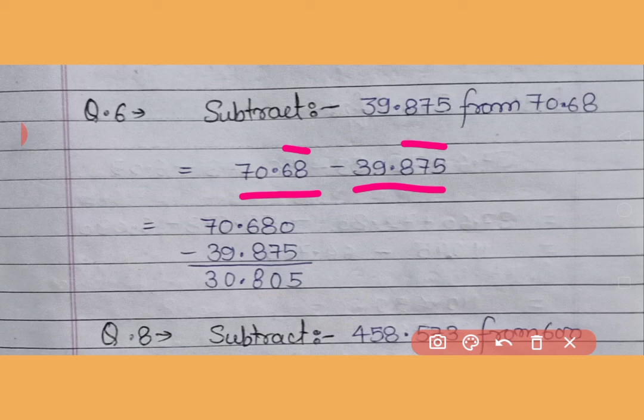So we have written 70.680. Now it became like decimals. Now 70.680 will subtract 39.875. So it will remain 30.805.